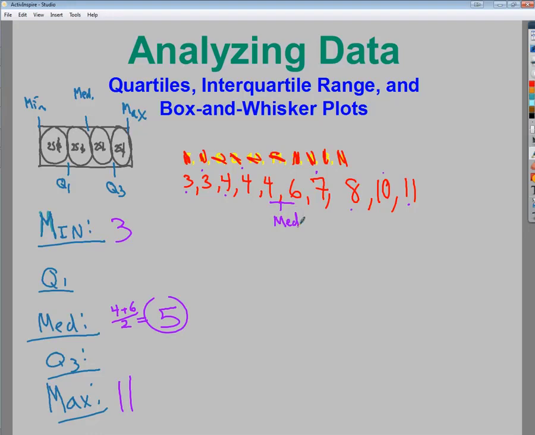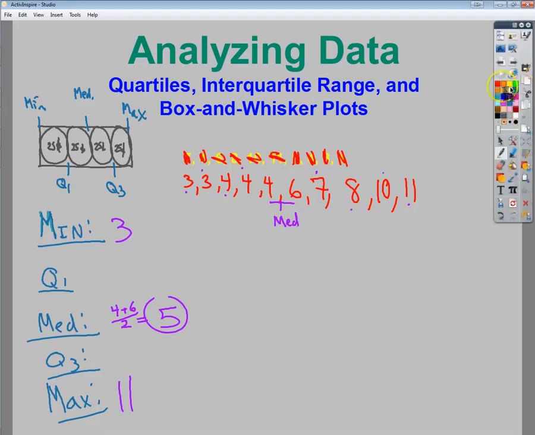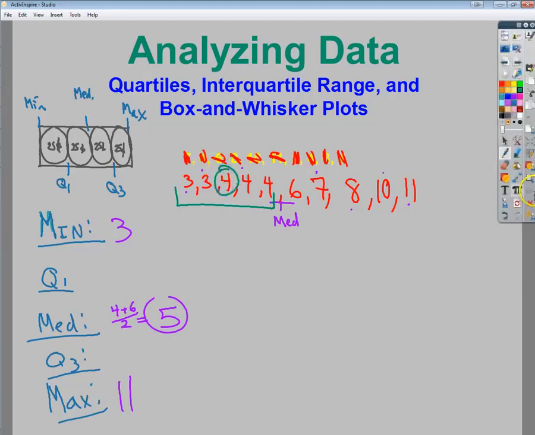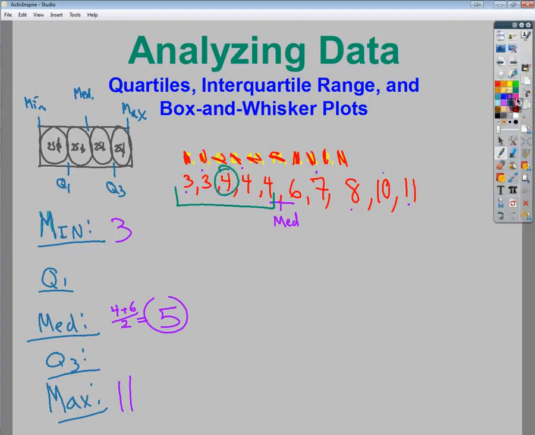To get Q1, I need to look just at this set of data right here. I need to find the median value there, which is right here. So the Q1 value, and by the way, if I had 2 in the middle there, I would do the average of those two. So say it had been 3 and 4 together, 3.5 would be the median, or the Q1.